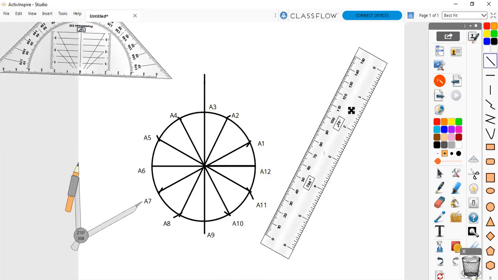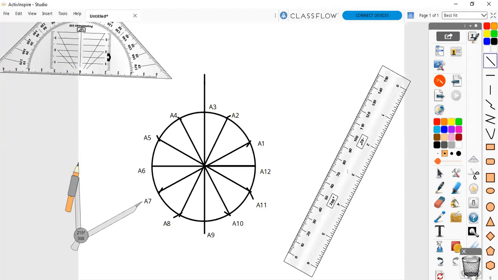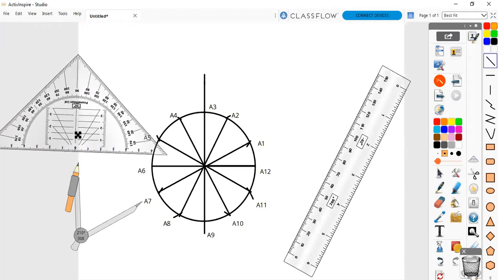So in this way, you are going to complete your first task with the help of these three instruments, and you can easily divide your circle into 12 different parts like this.